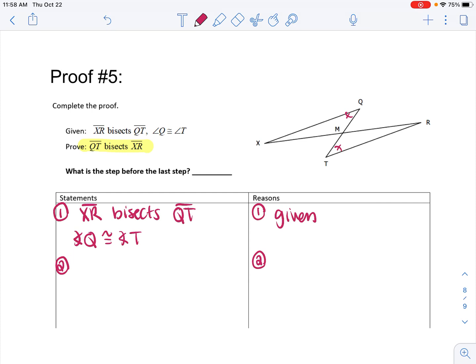All right, so since we're trying to prove that QT bisects XR, we need to prove that XM is congruent to RM. That is our goal. That's our goal because we want to show that QT bisects that bigger segment XR.